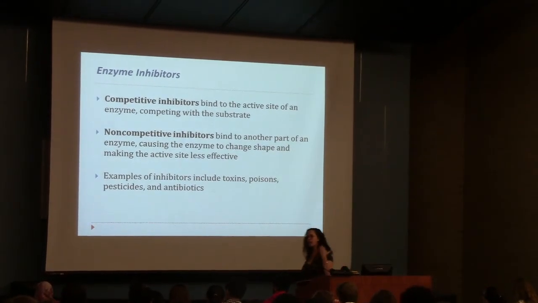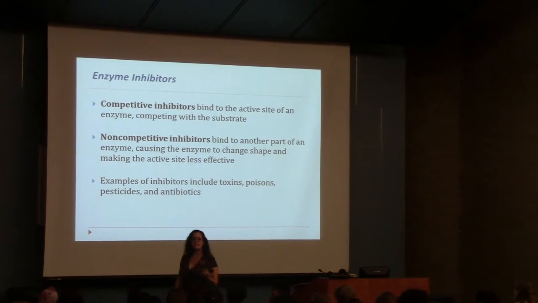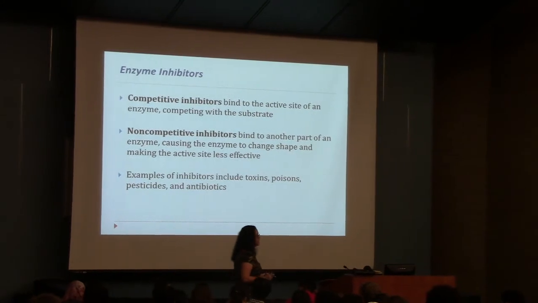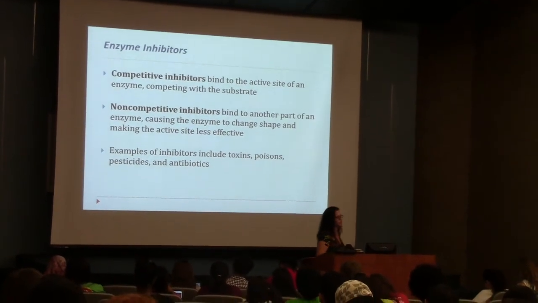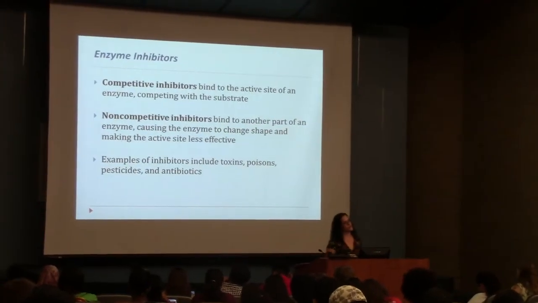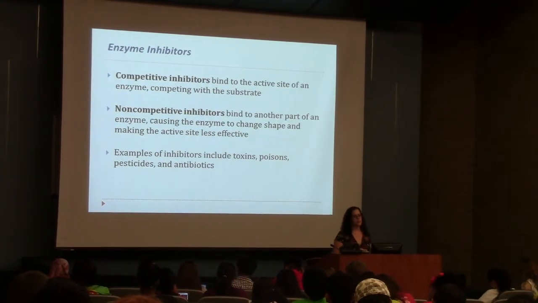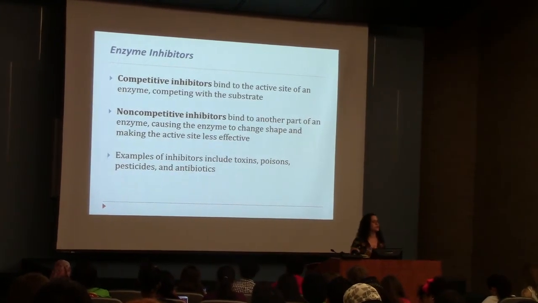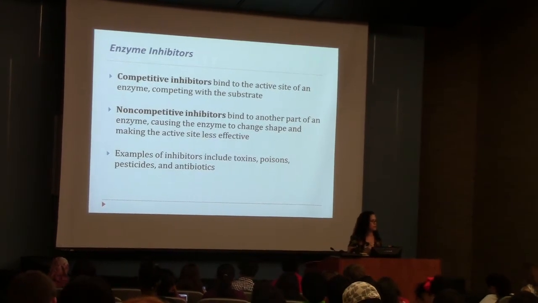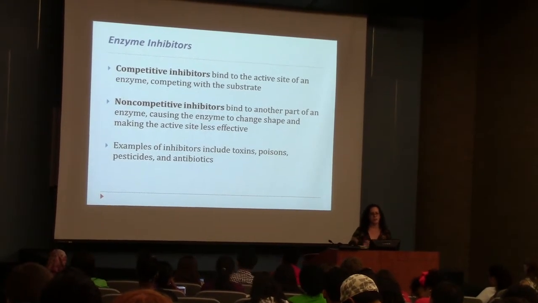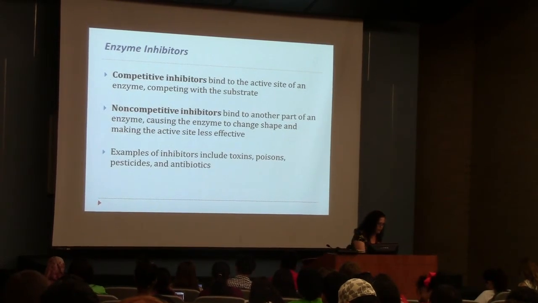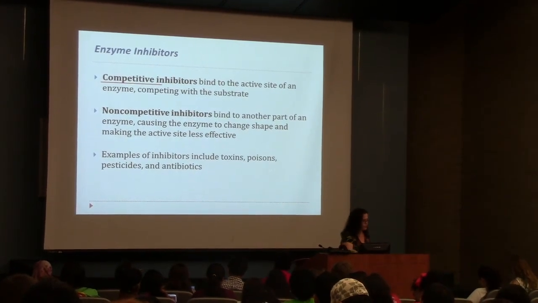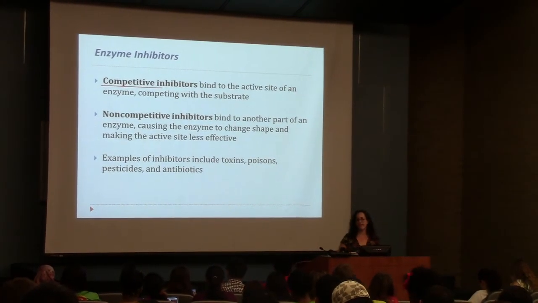So we have the molecules that help enzymatic activity, and then we have molecules that halt or stop enzymatic activity. And these are called inhibitors. Okay? We have different kinds of inhibitors, and again, inhibitors can be regularly used by living organisms to fine-tune metabolic pathways. We have the competitive kind, and they're competitive because they actually compete for the active site of the enzyme.